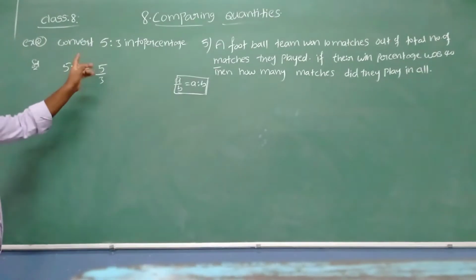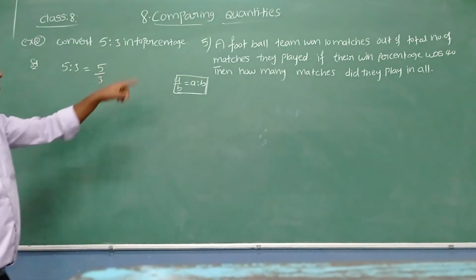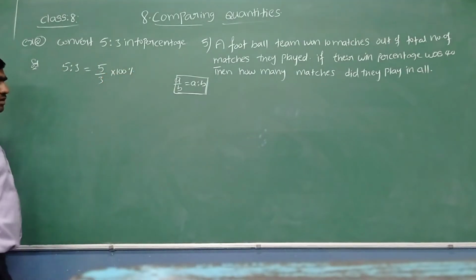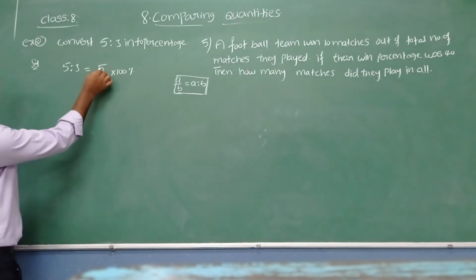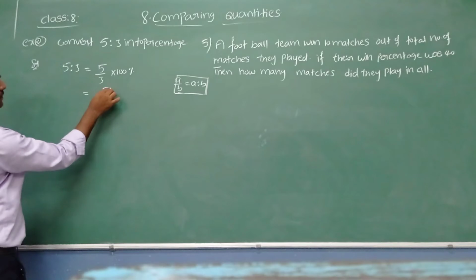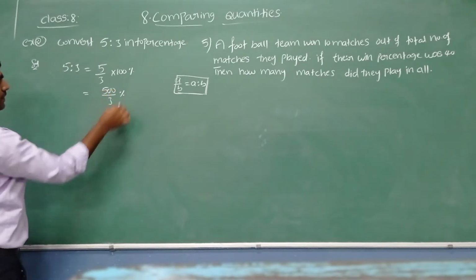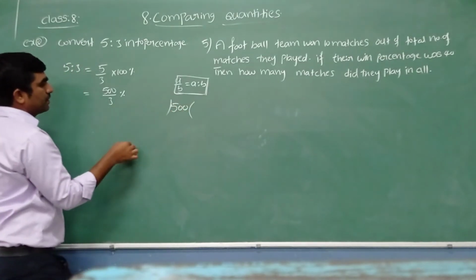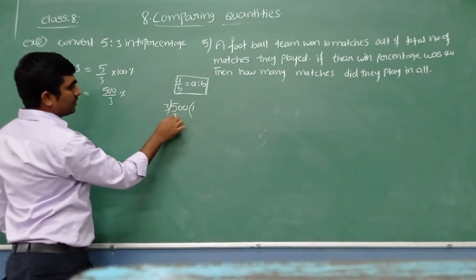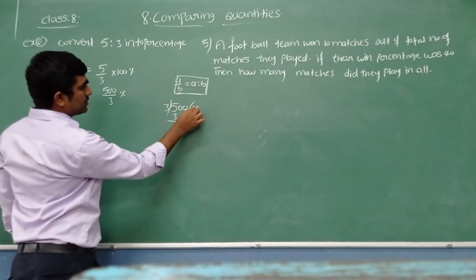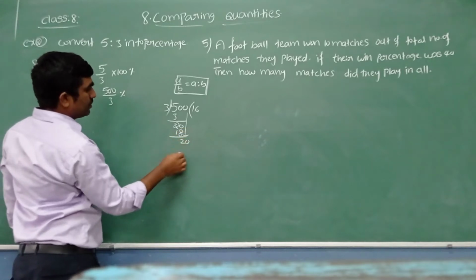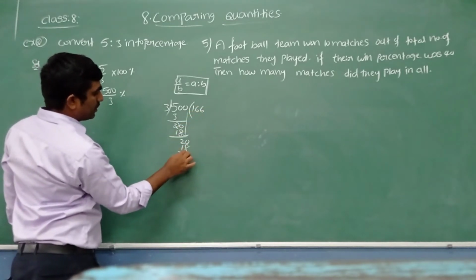To convert any fraction into a percentage, we just multiply with 100 and put the percentage symbol. Now I can write 5 into 100, 500 by 3 percent. This is an improper fraction, so express it as a mixed fraction. 3 ones are 3, 3 sixes are 18, 2 left.